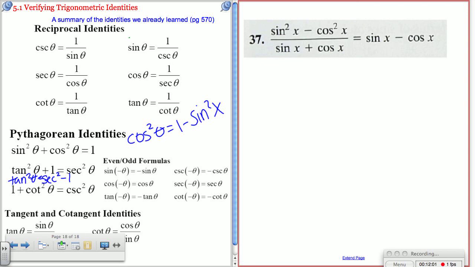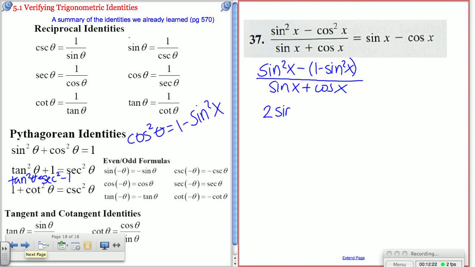Let's change cosine squared to be 1 minus sine squared, and we'll see where this takes us. I don't know what's going to happen here. All over sine x plus cosine x. If I do that, I'm going to get 2 sine squared x minus 1 over sine x plus cosine x.